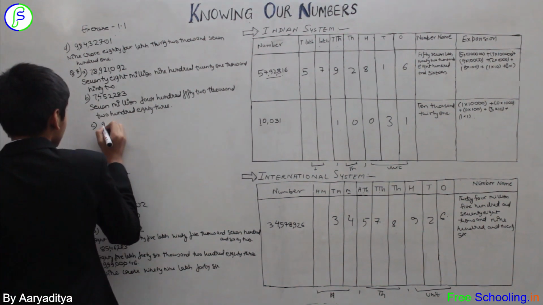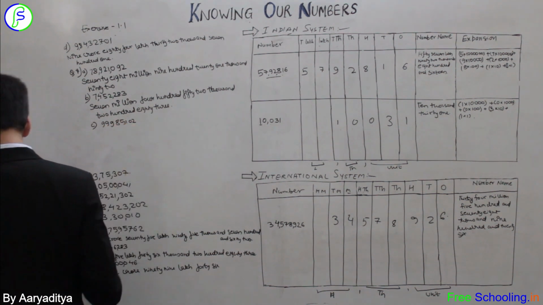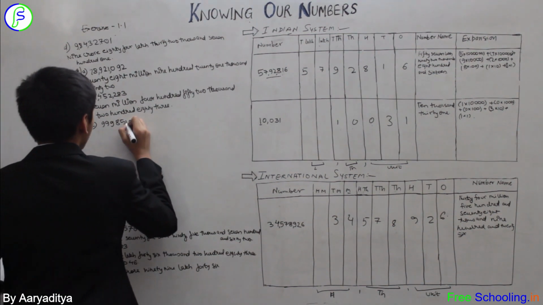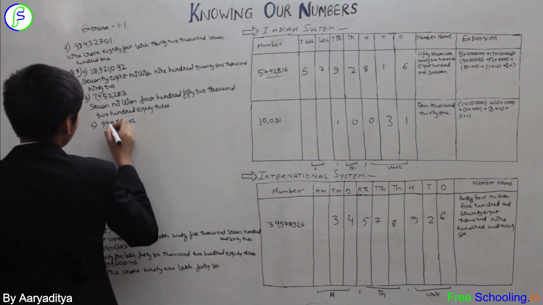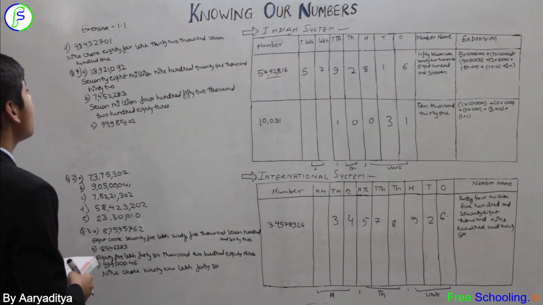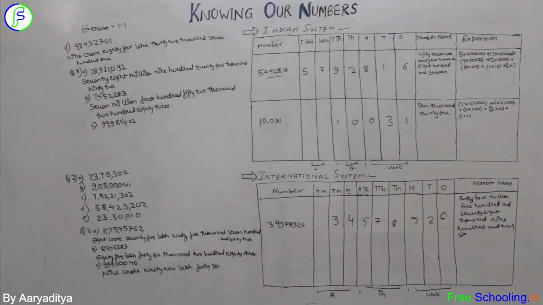999851102. Let me cross check. Okay, all correct. Putting commas according to the international system, this is what we get, 999,851,102. So hope you all have copied question number 2.